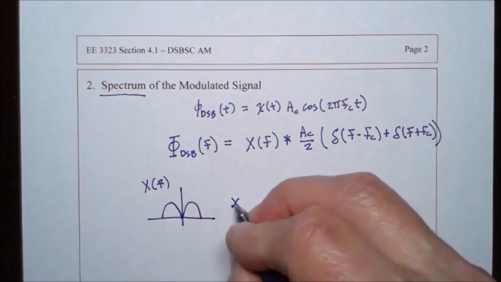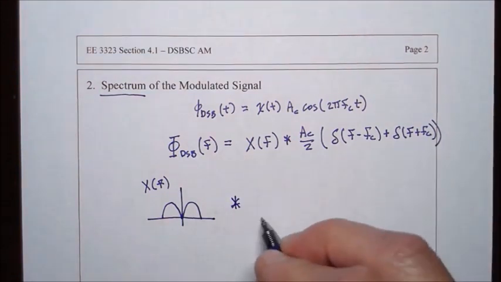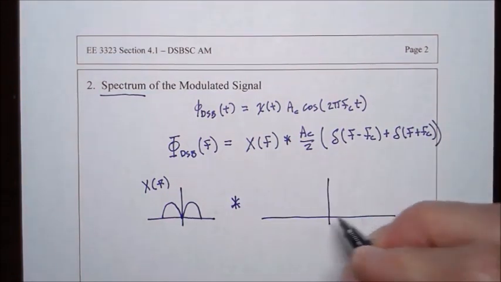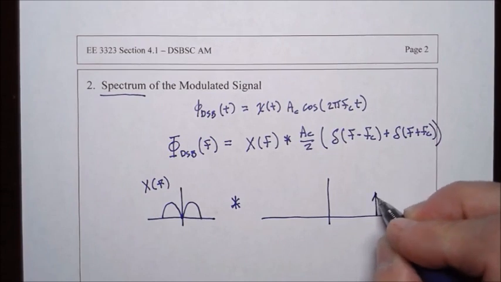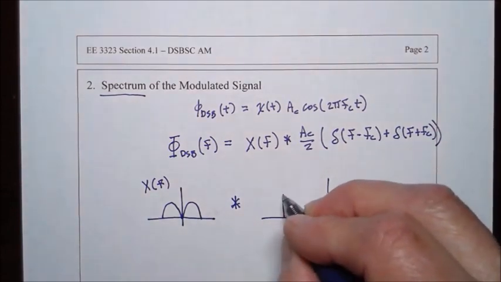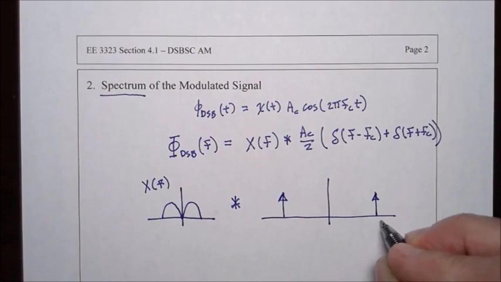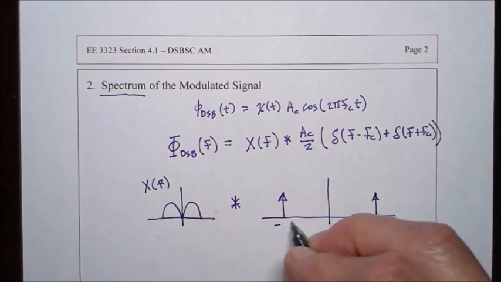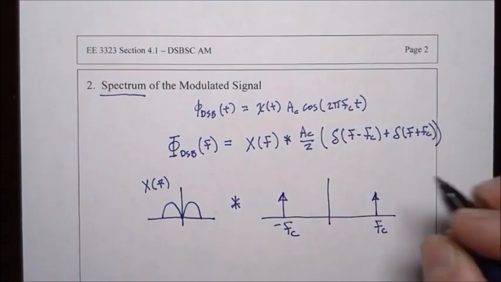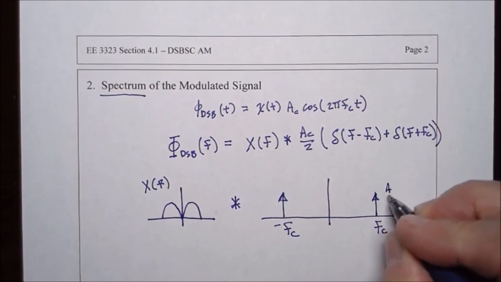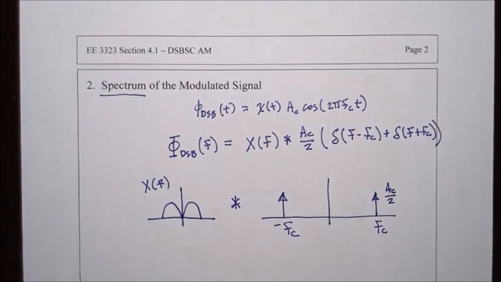This then would be convolved with the Fourier transform of the carrier signal, which is a pair of delta functions located at plus fc and minus fc, and it has an area AC over 2.